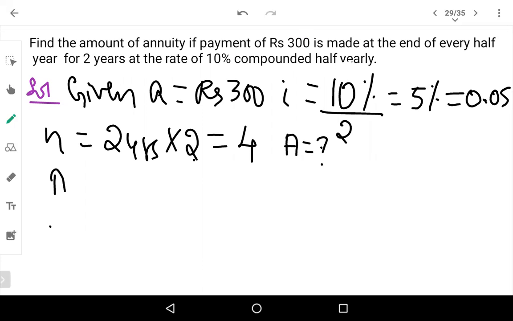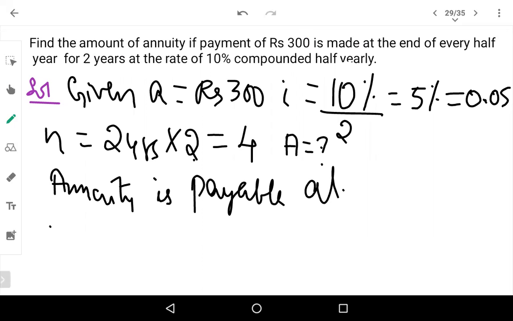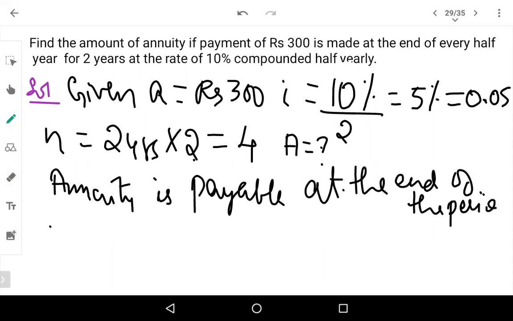And in this problem, annuity is payable at the end of the period, because it is clearly mentioned at the end of every half year for 2 years.